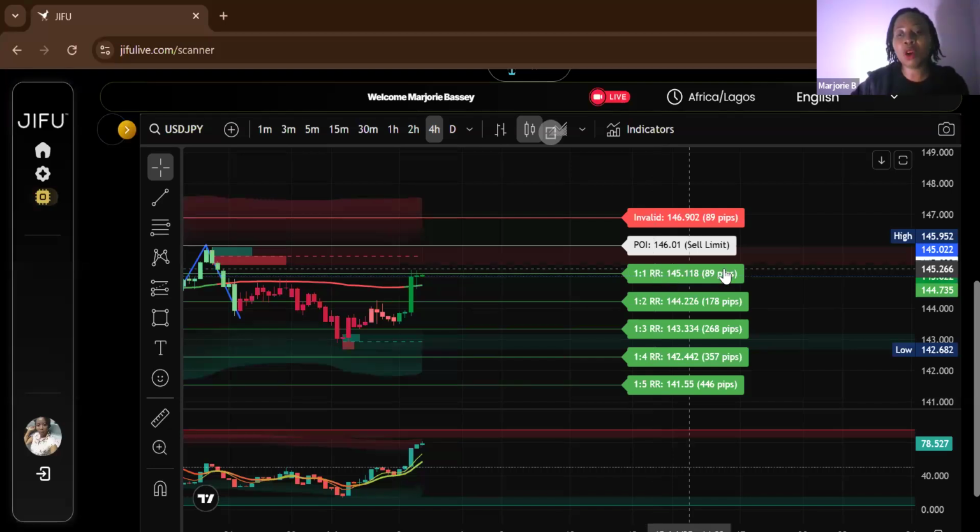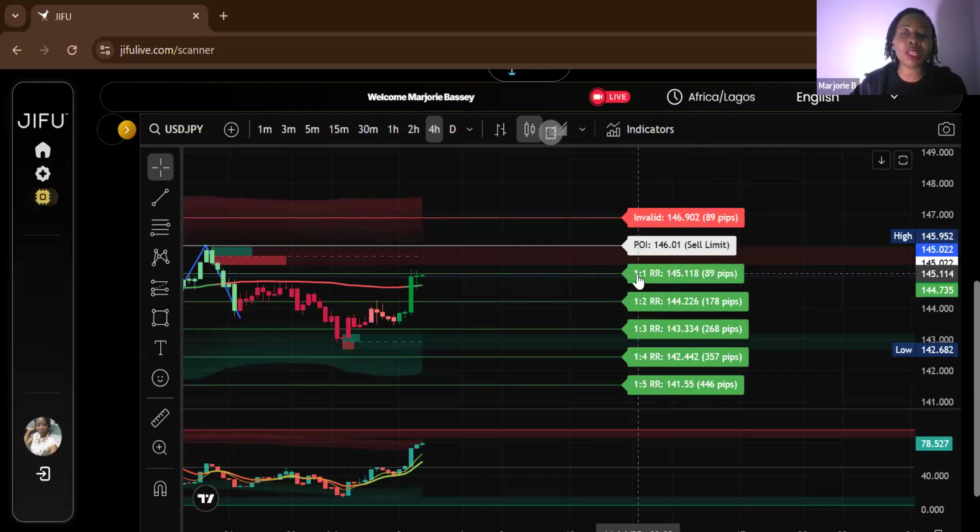It simply means that whatever you're risking as stop loss or invalidation is equivalent to what your TP1 will be. So let's assume, like this one, that this is 89 pips, let's just say $9 or $10. Let's assume your stop loss here is $10.